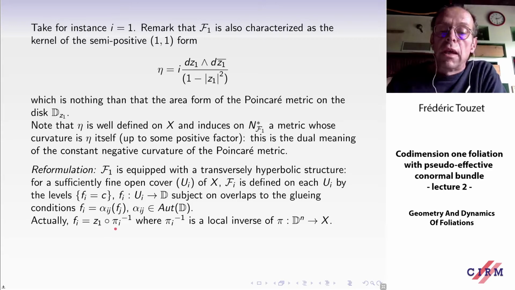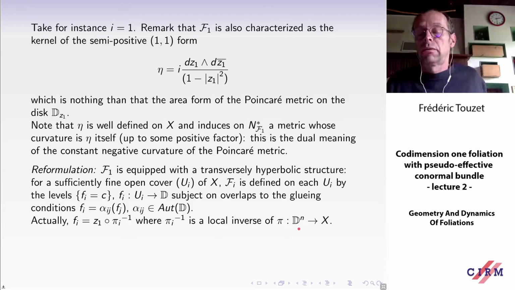And actually, we can recover z1: sorry, we can recover the F_i by composing the local inverses of the standard projection of the polydisk D^n onto X, which is the quotient of D^n by gamma.